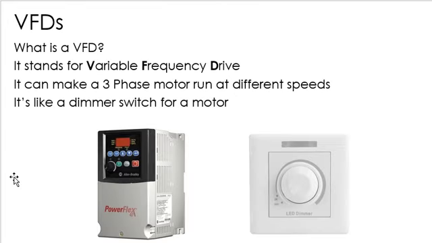We talked about VFDs. VFDs stand for variable frequency drives. An AC motor will always spin at a constant speed based on the frequency that is being applied to it, the frequency of the three-phase power. That is just a design feature of a three-phase motor.